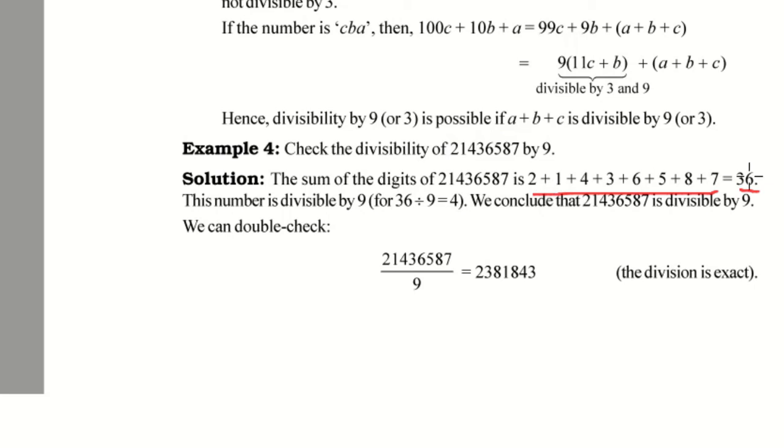The sum of the individual digits is equal to 36. Is 36 divisible by 9? 9 four times. Yes. The sum of the individual digits is divisible by 9. So we can conclude that the given number is divisible by 9. If it is divisible by 9, it implies it is also divisible by 3. The given number is also divisible by 3.